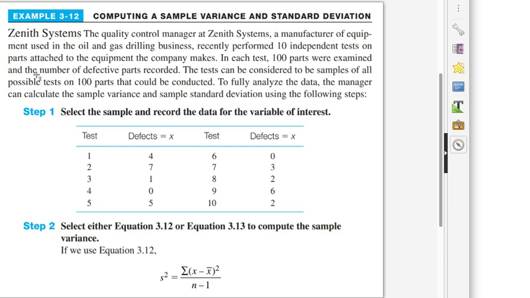In each test, 100 parts were examined and the number of defective parts recorded. The tests can be considered to be samples of all possible tests in 100 parts that could be conducted. To fully analyze the data, the manager can calculate the sample variance and sample standard deviation using the following steps. Step 1.